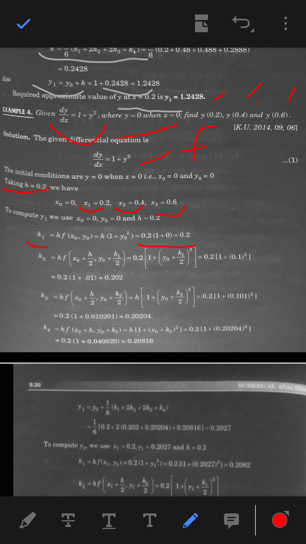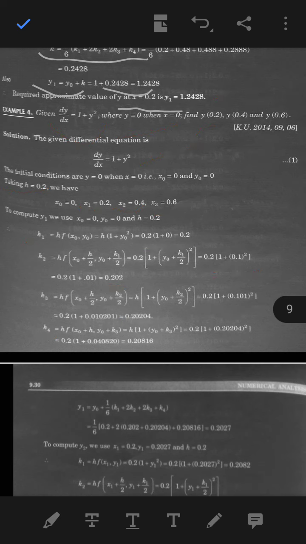Now for k2, h into f of x naught plus h by 2, y naught plus k1 by 2, and this comes out to be this. So the value of k2 is 0.202. k3 is equal to h into f of x naught plus h by 2, y naught plus k2 by 2, and again substituting the values, we find the value of k3 comes out to be this, and again we can find the value of k4 as this.